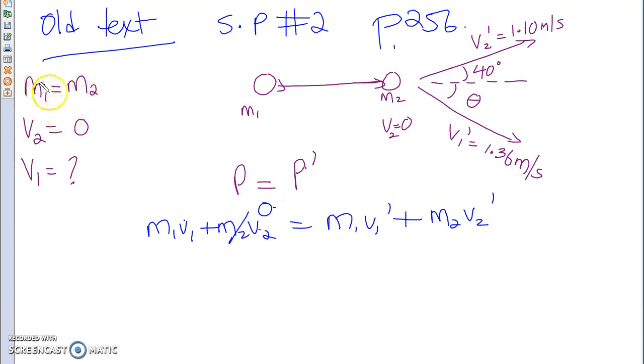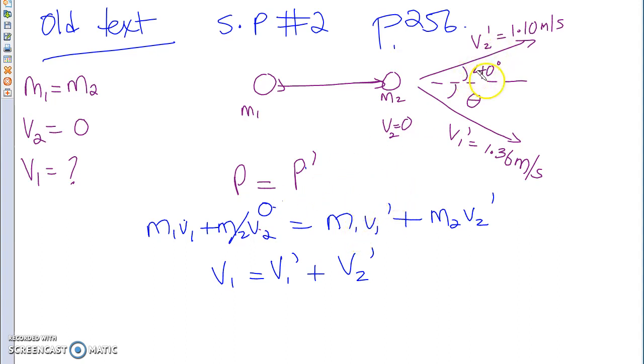And we said all the masses are equal. So we end up with v1 equals v1 prime plus v2 prime. Are we okay? So far so good? All the masses cancel out because they are all the same.